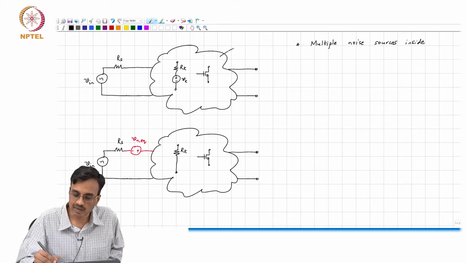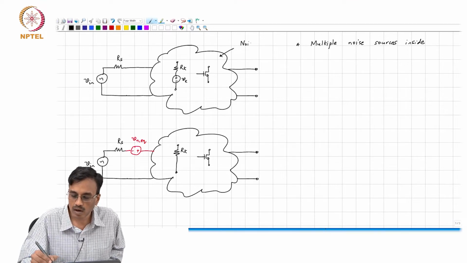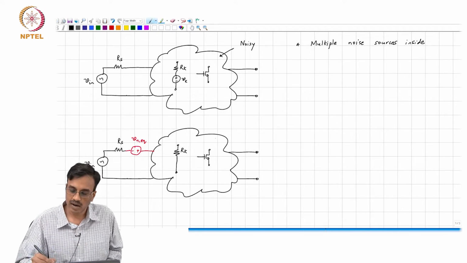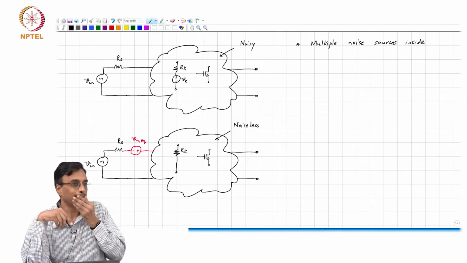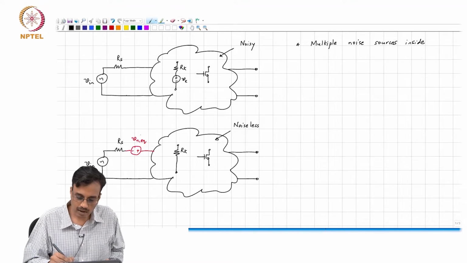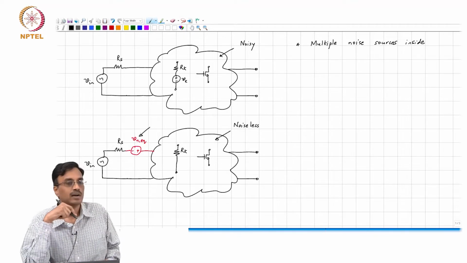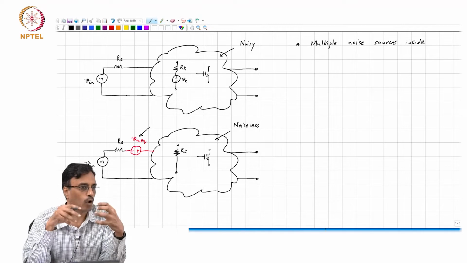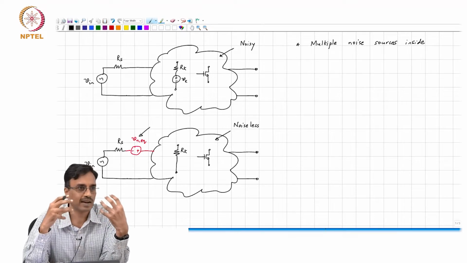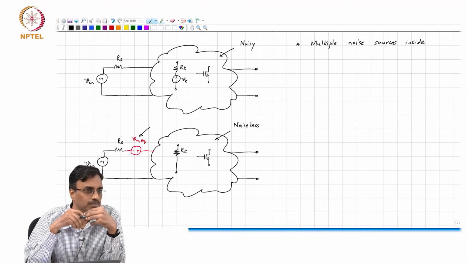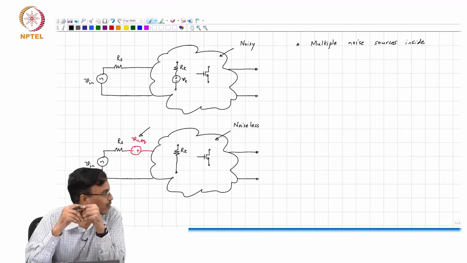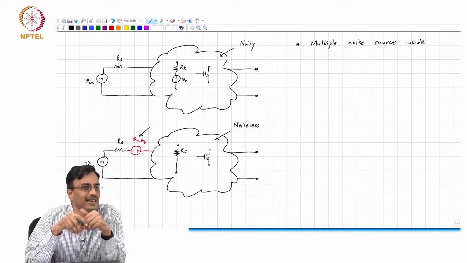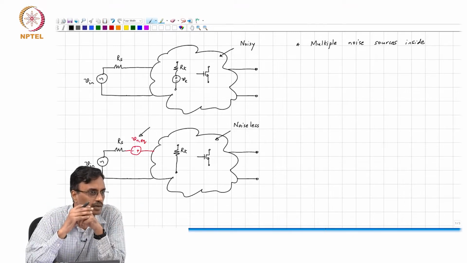This is a noisy network, and in the picture below I say, let us assume the network is noiseless, and I am trying to replace the effect of all these multiple noise sources inside the box with a single noise source, which for obvious reasons I will call the equivalent noise source.